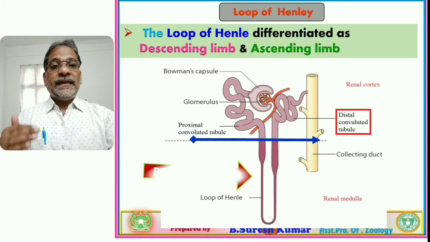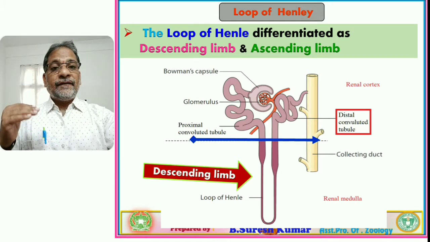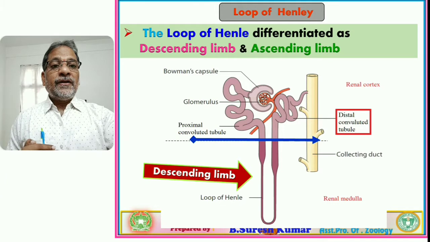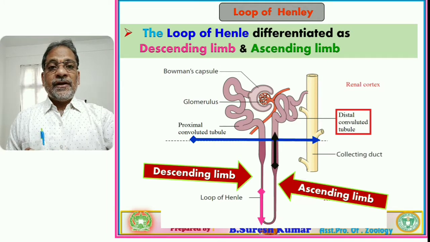They are the descending limb, you observe descending down, that extends from the cortex to the medulla portion. You observe this is the descending limb that extends from cortex to medulla, and next the ascending limb extends from the medulla region to the cortex region. Follow? So the loop of Henle includes a descending limb and an ascending limb. Right.